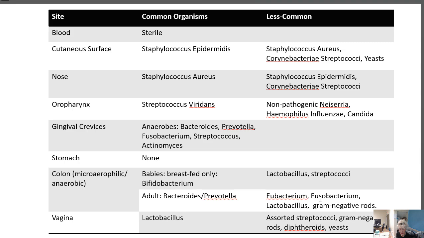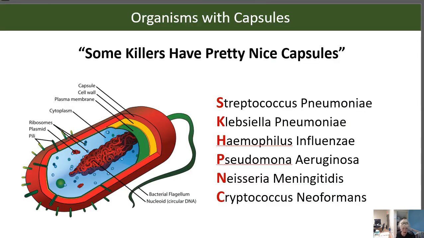Adults can have Eubacterium, Fusobacterium, lactobacillus, and gram-negative rods, whereas the vagina is colonized by lactobacillus and assorted strep, gram-negative rods, diphtheroids, and yeast. And that sounds pretty scary, but the vaginal vault actually has to have a particular pH where these can thrive, and they actually can help us fight off other bacteria.